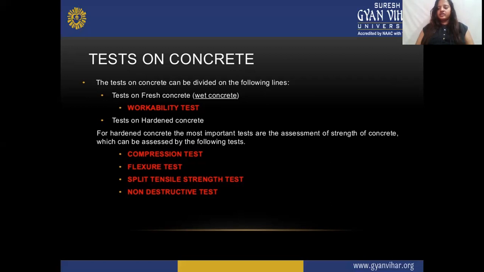Whereas the non-destructive test refers to the test where the construction of the building has already taken place and the structure has been formed. We don't have any molds, and the testing of strength can be done using methods which do not damage the existing structure but still give the strength of the concrete.